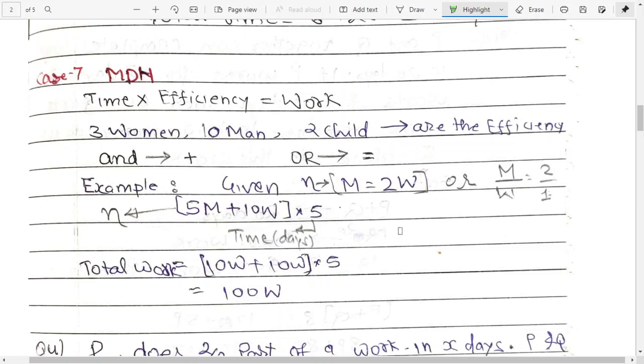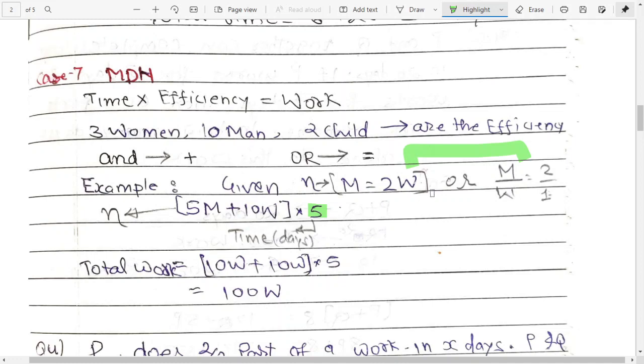So as per the question we will frame it in that particular format. There are 5 men and 10 women, and they are working for the next 5 days. After that you need to take a ratio which I have mentioned over here. If you get the idea, you can easily put it over here and solve this, because it's a basic and easy question as well.